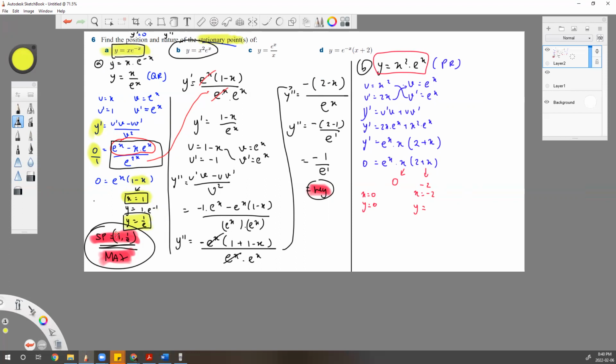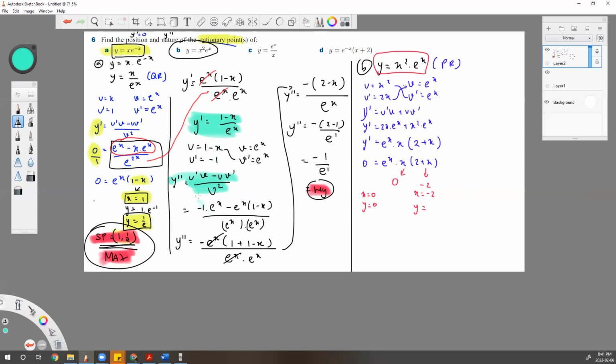1, 1 over e. And then to determine the nature, you need to find the second derivative. Okay, this is the second derivative. The first derivative is 1 over x minus e power x over e power x, right? Because we simplify this, we can cancel the factor.